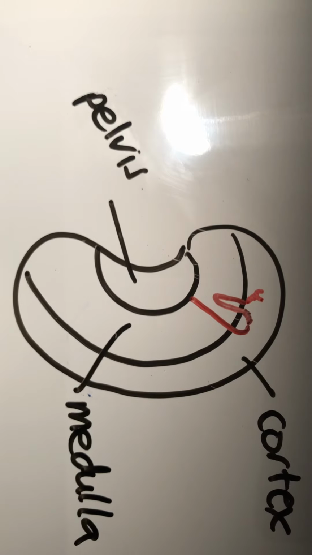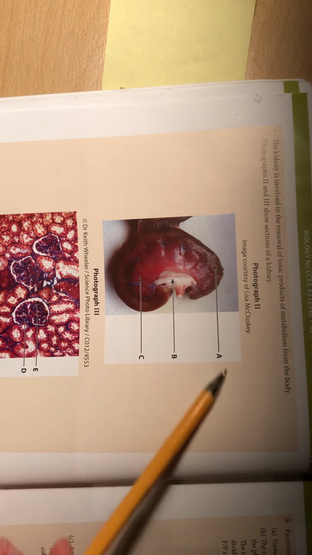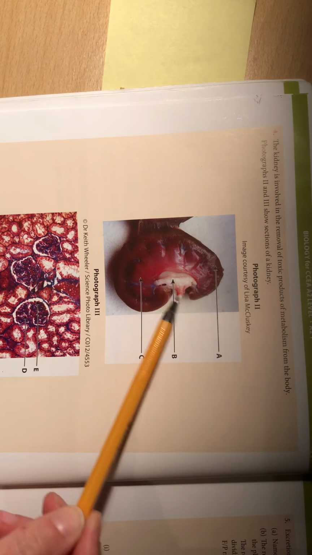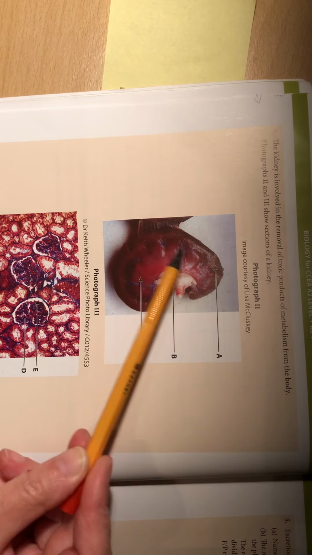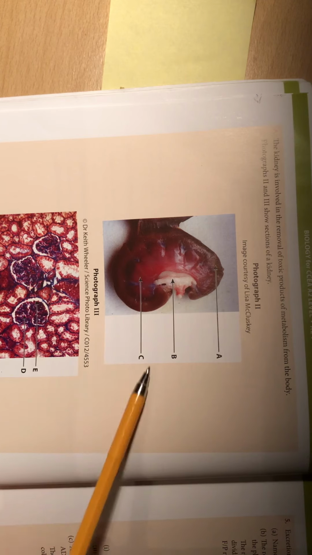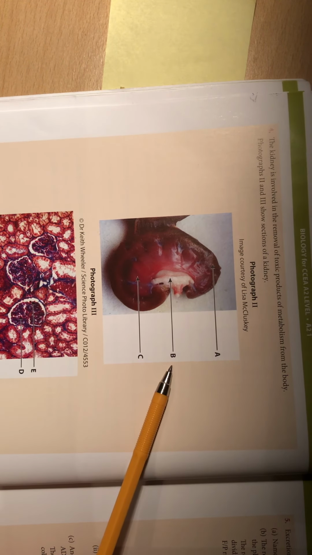Some people got a wee bit confused and started labelling things like the loop of Henle and so on, but the question clearly says identify the labelled regions of the kidney. So the outer one, cortex, that has to be A. The one in here is the pelvis, and then that must mean the one in between there is the medulla. So that's the cortex, C is the medulla, and B is the pelvis.